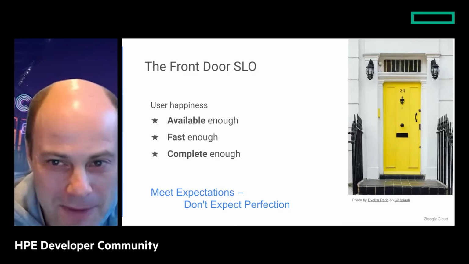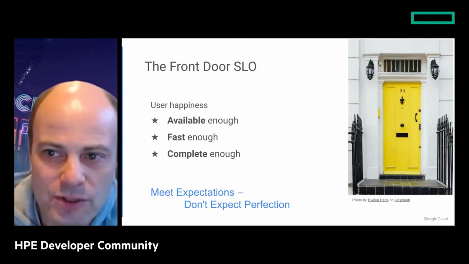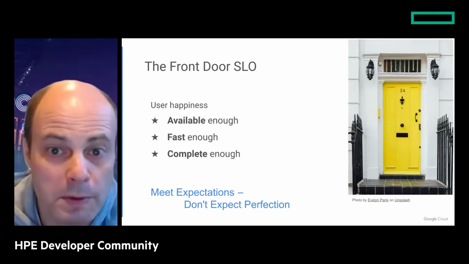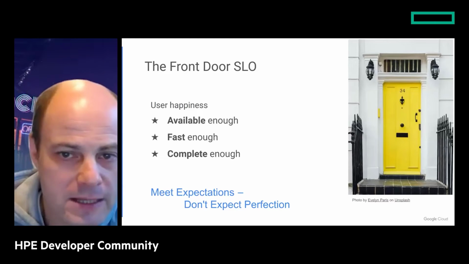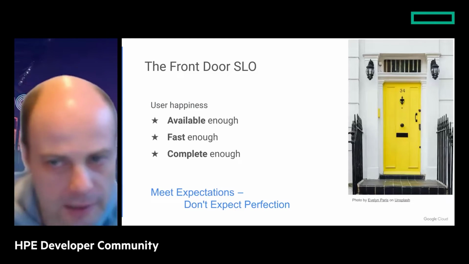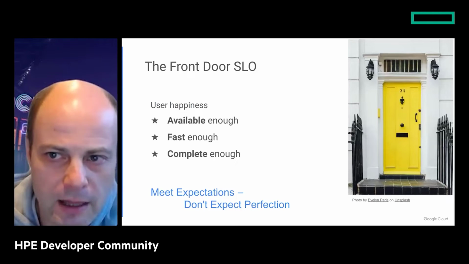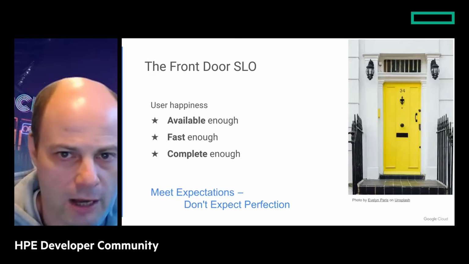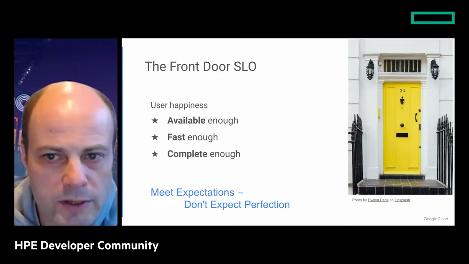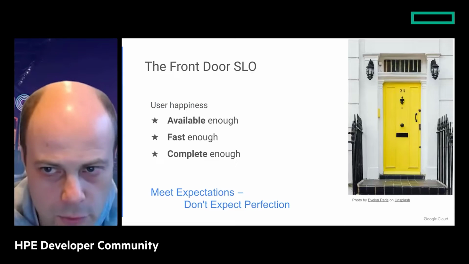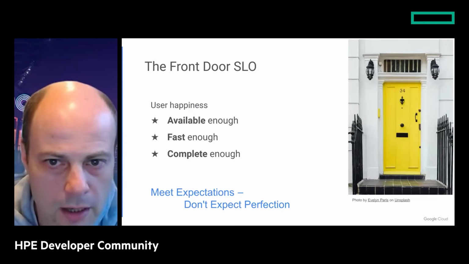SLO measurement is based on different indicators, so the user happiness should be measured using the same terms. Is the service available enough? Is it responsive enough for the users? Does it display data that is fresh enough for the users? And so on. And you will want your SLO to reflect these users' expectations.